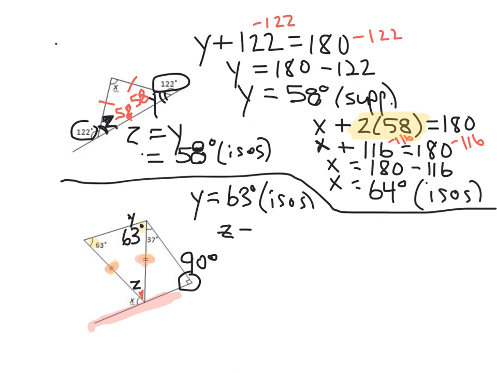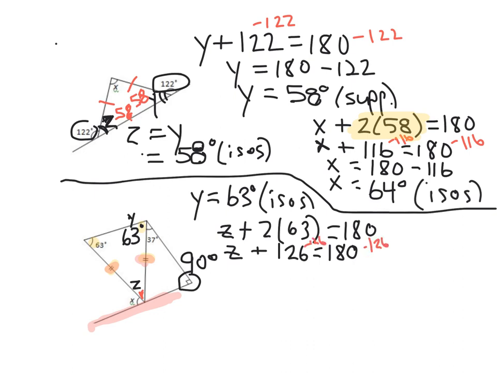So I'm going to say, sorry, z plus two values of 63 gives me 180 degrees. So I'm going to say z plus 126 is going to give me 180 degrees. If I'm a balancer, I'm going to subtract from both sides. Okay, so z's going to equal 180 minus 126.